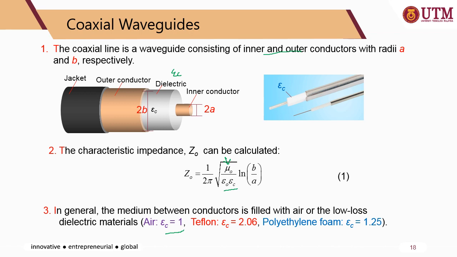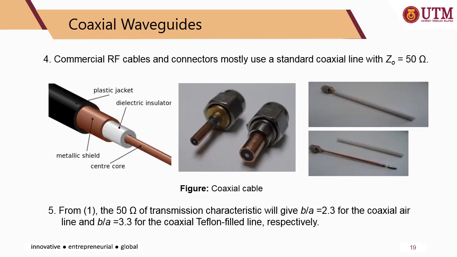So basically epsilon r depends on the dielectric material you use inside the coaxial cable itself. In general, the medium between the conductors is filled with air or low loss dielectric materials, usually Teflon. The figures show the commercially available coaxial waveguide or coaxial cable.